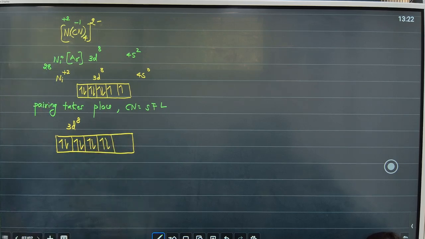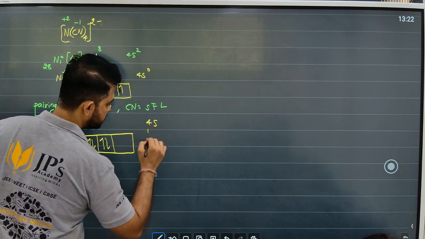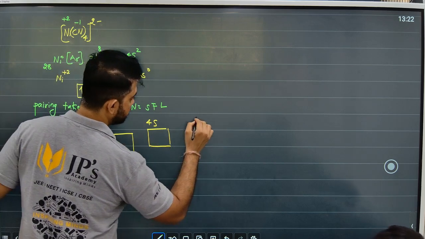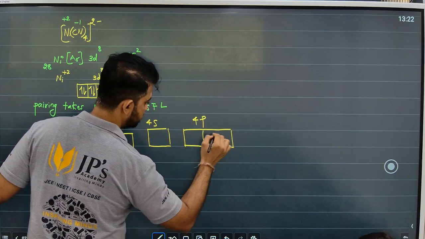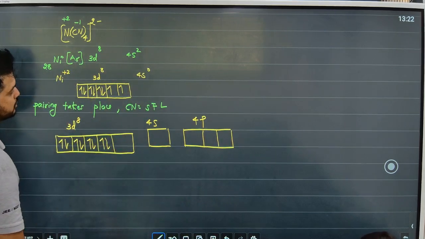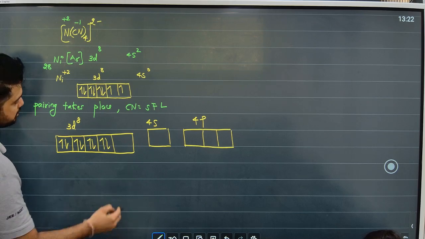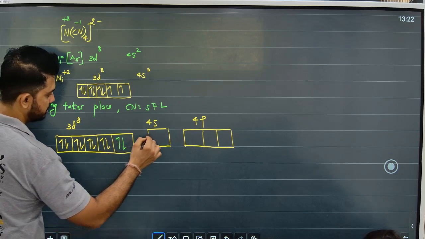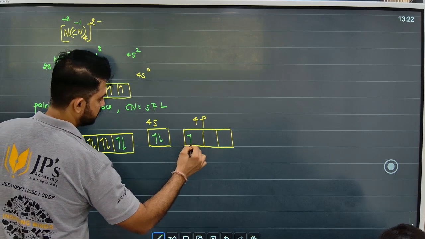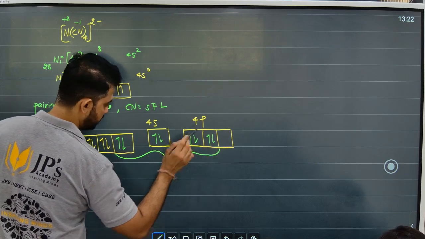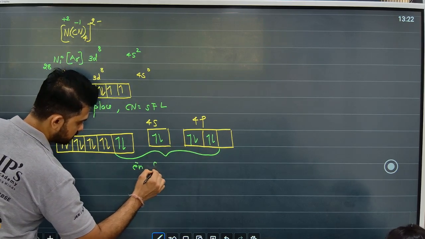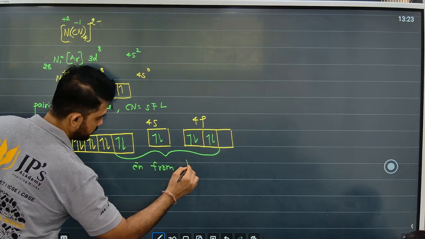This is 3d8, उसके बाद कौन आता है? 4s and what do we have? 4p. How many lone pairs do we have to accommodate? 4: 1, 2, 3, 4. What will you write here? Electrons from ligands.